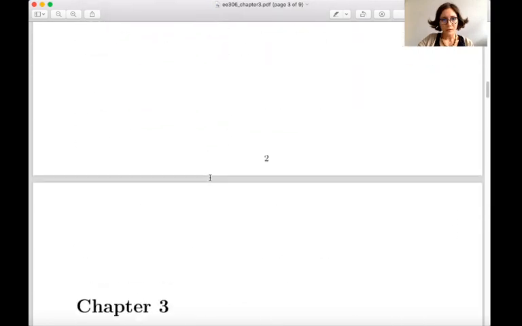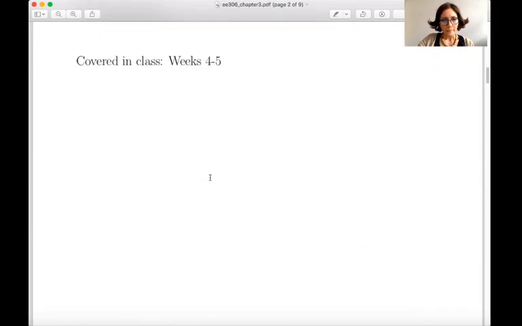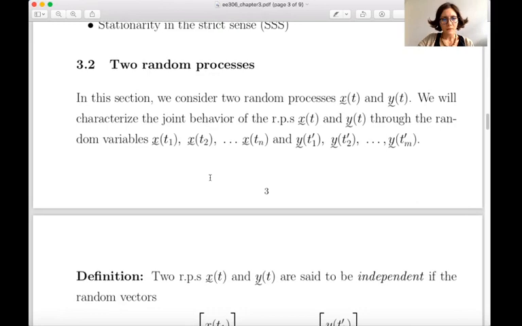Let's give it a start. We start with two random processes. So far we have seen a random process x tilde of t. We have defined several properties: the mean function, the autocorrelation function, the autocovariance function, and so on.